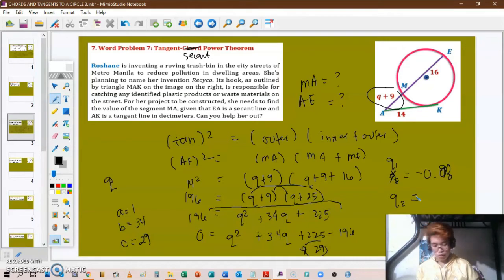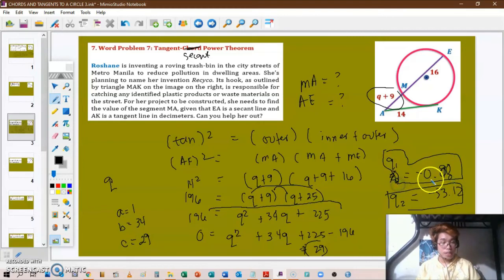negative 33.12. For this one, guys, we cannot take the value of negative 33 because that will give us a negative value for AM. But we can take the value of Q sub 1, negative 0.88, even if it's a negative value, because if we add Q and 9, we'll still get a positive value for AM.